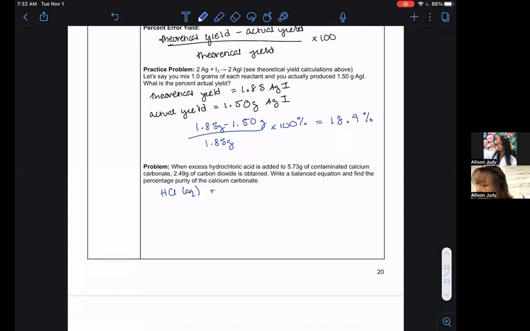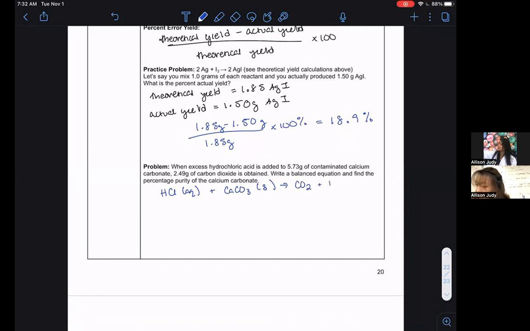And it reacts with contaminated calcium carbonate, CaCO3. Actually, that probably is a solid. And what it does is it produces carbon dioxide.